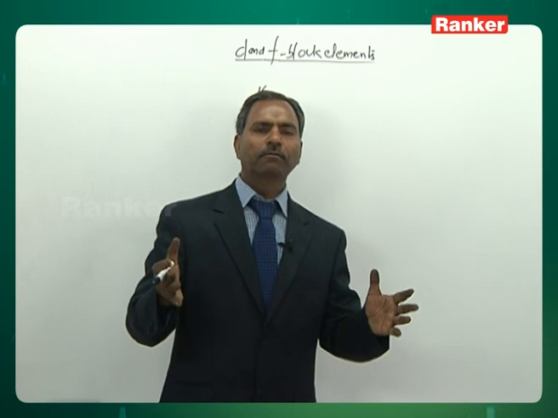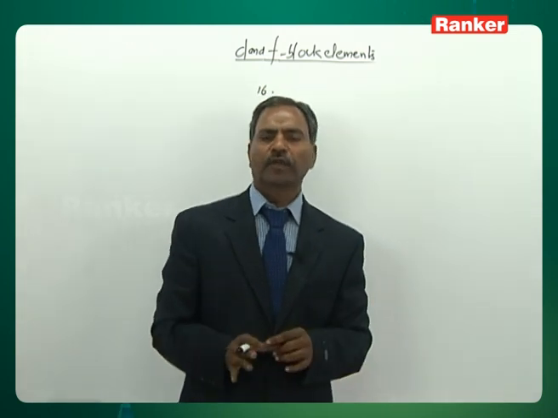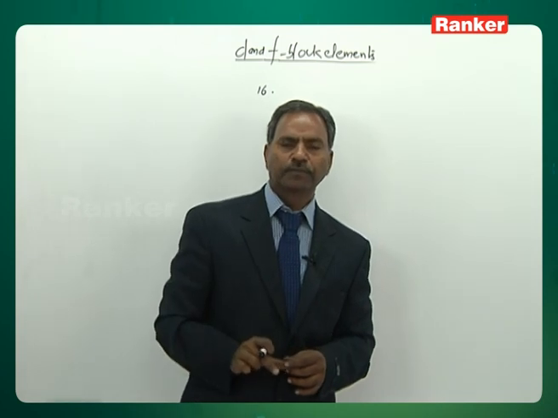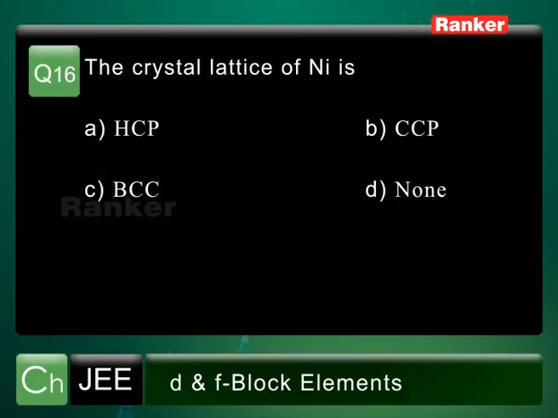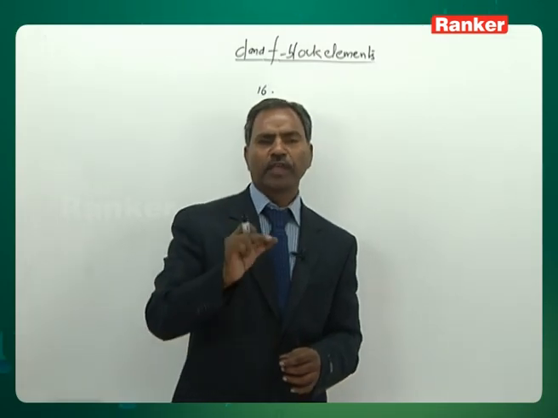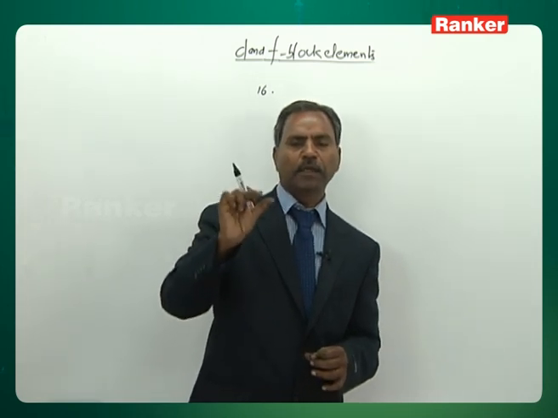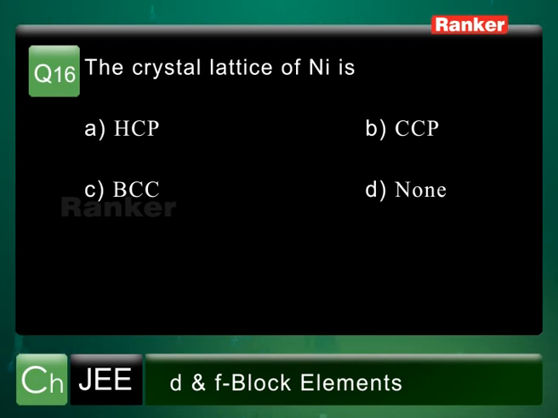No much explanation is required for this. In the case of nickel, I have given it clearly in the class notes, and B is the correct option. Nickel has CCP, cubic close packing, also known as face-centered cubic lattice. So the nickel metallic lattice is option B, that is CCP.